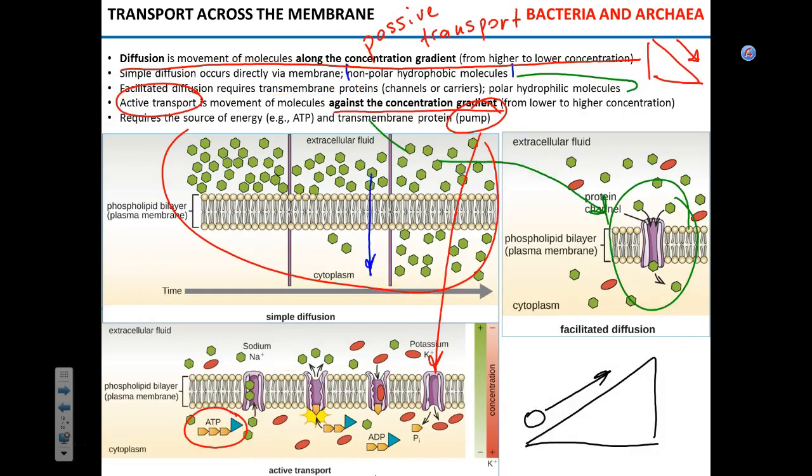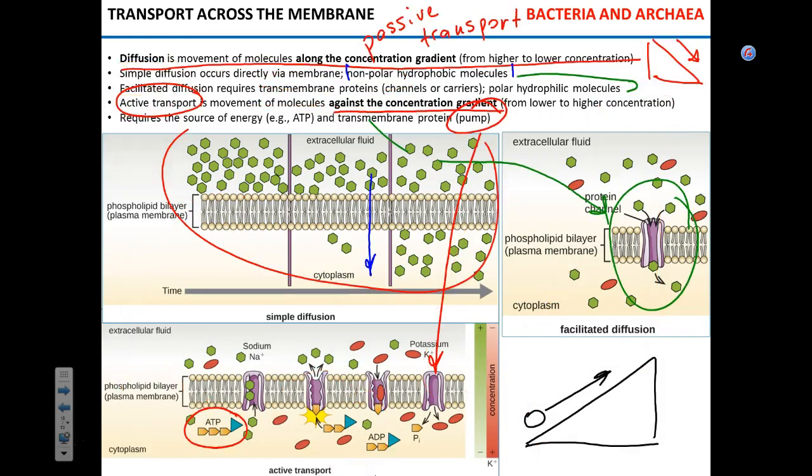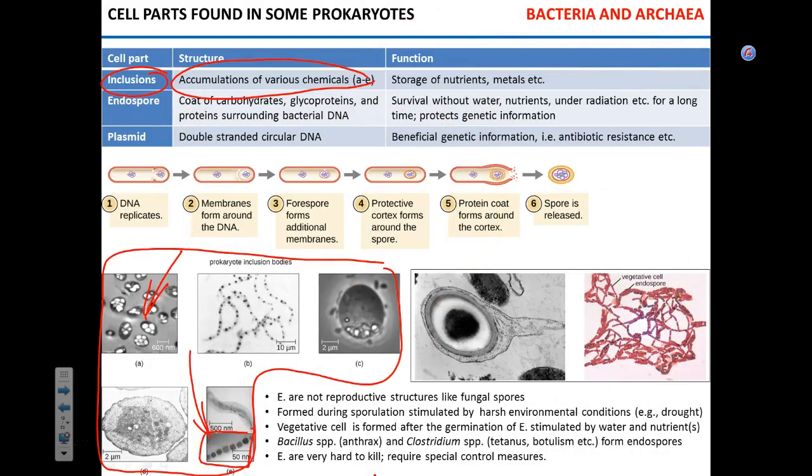Nucleoid is not surrounded by a membrane. This green dashed line around the nucleoid, you can see that. It just delineates it. There's no membrane there. Does that make sense? It's really important. Inside of the prokaryotic cell, there are no membranes. So far, are we clear?